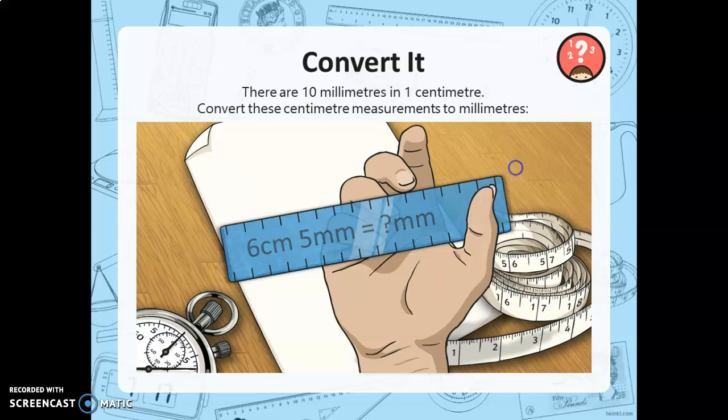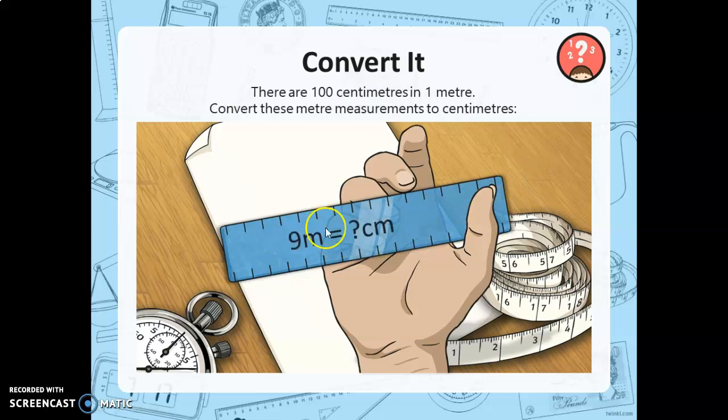You would also have to convert, let's check this one out, 6 centimeters and 5 millimeters. You need to change them to millimeters. So these are already in millimeters. I only need to change this. So I would multiply 6 by 10. I would have 60. Then add the millimeters that I already have. That would make them 65 millimeters.